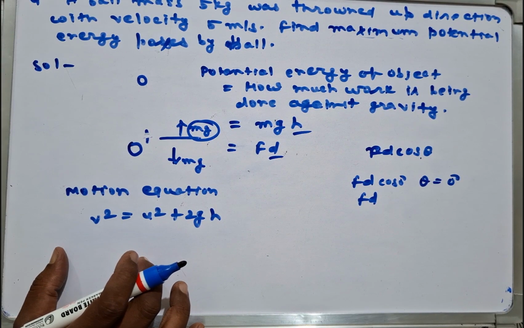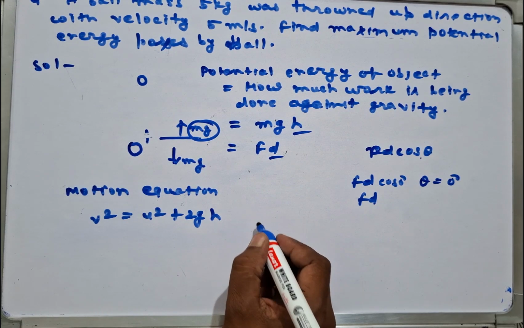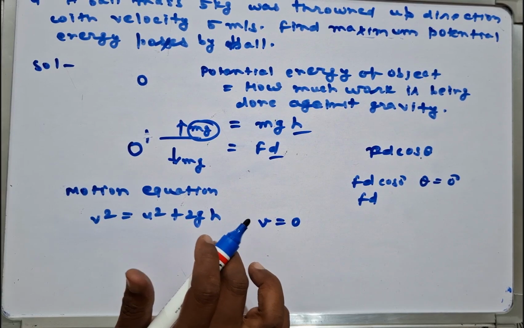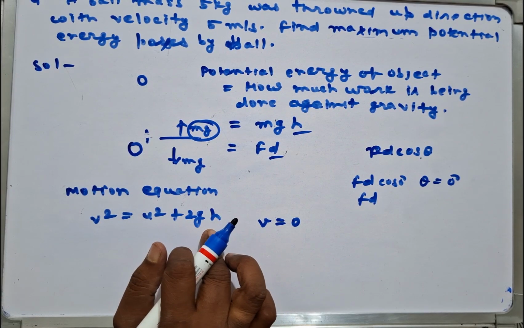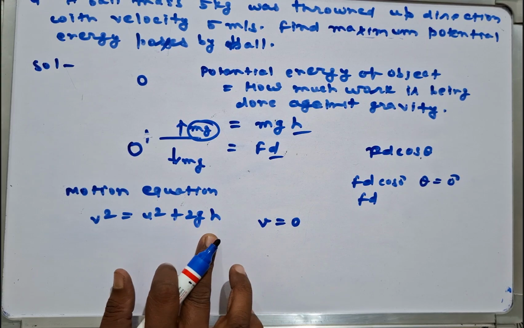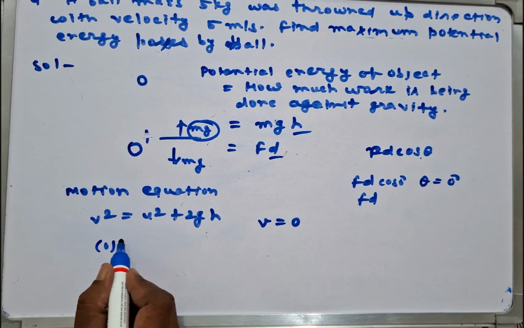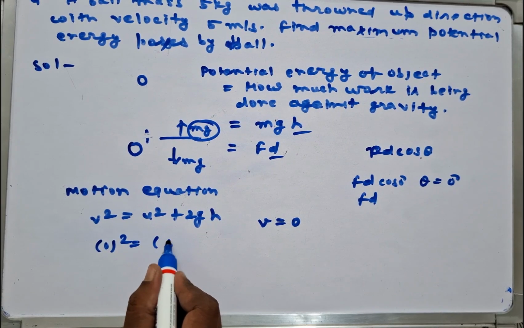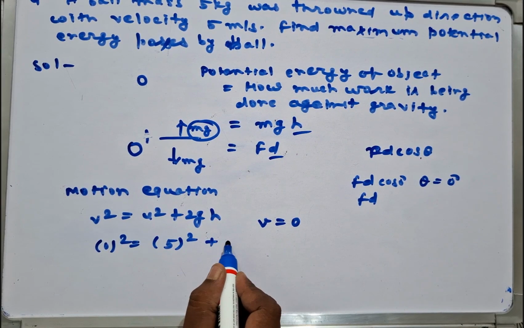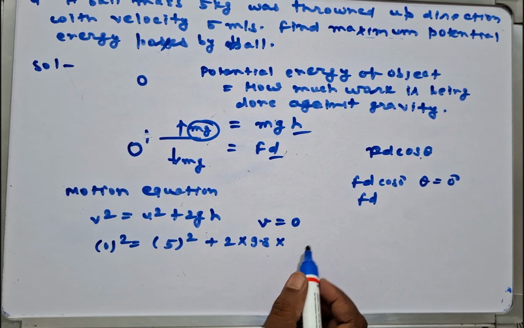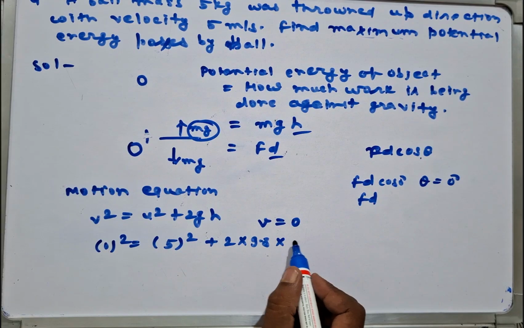When the ball attains the maximum height, then the final velocity V becomes 0. At that time h will be maximum because it will not go further up. So 0 squared, or this is 5 squared, or this is 2 into 9.8, or this is h.